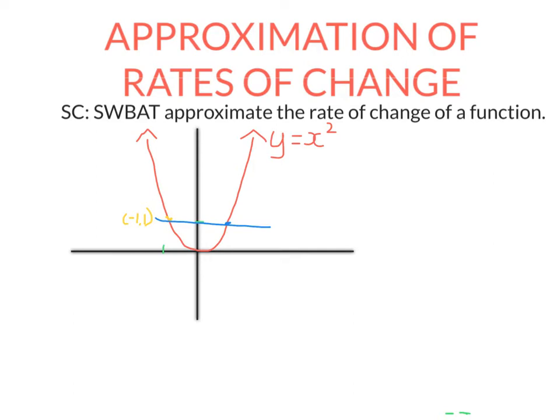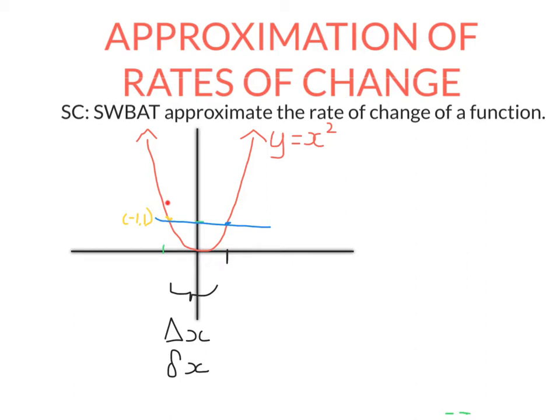The distance between these 2 points, we call that the change in x, or sometimes it's written with a lowercase delta. When we say that we want the points to be close together, we want this value to be less. We want it to be minimized. We want delta x to be small.